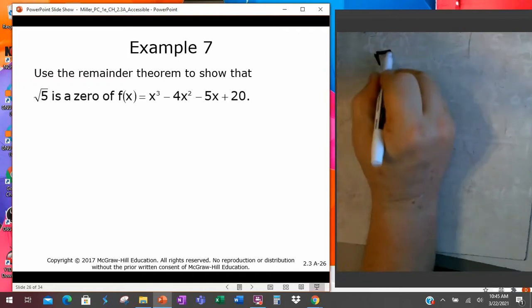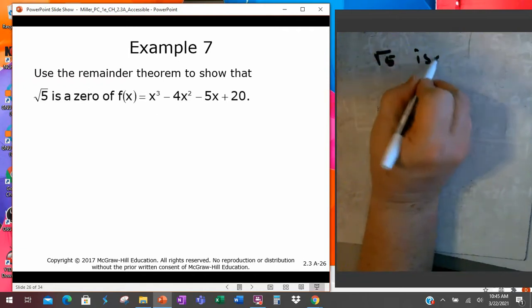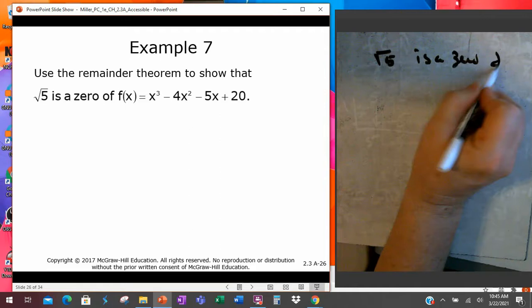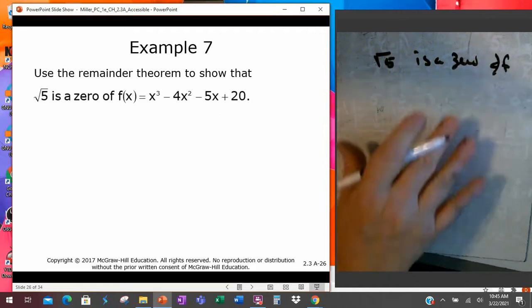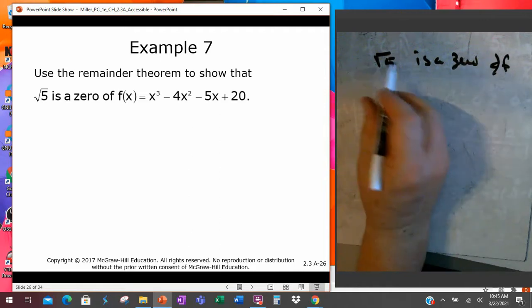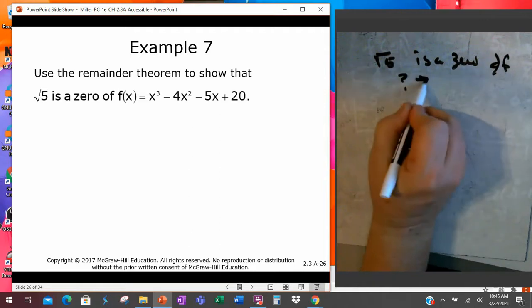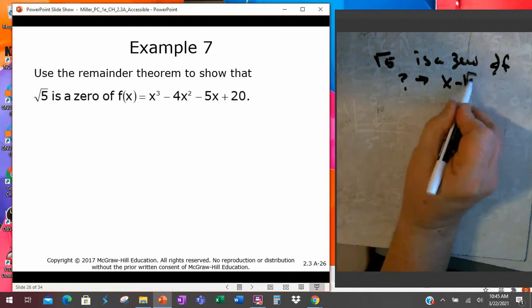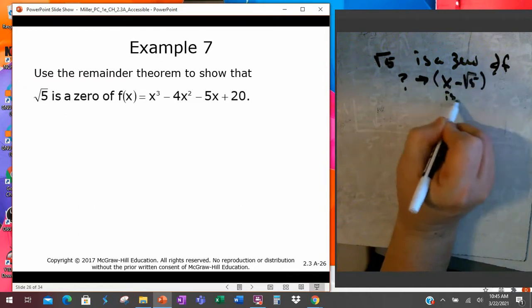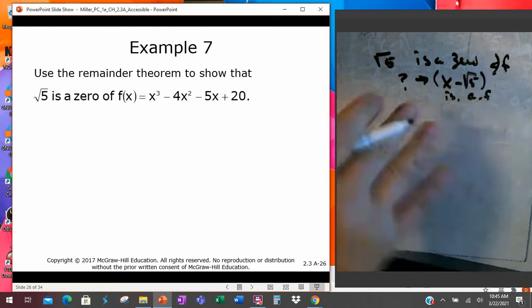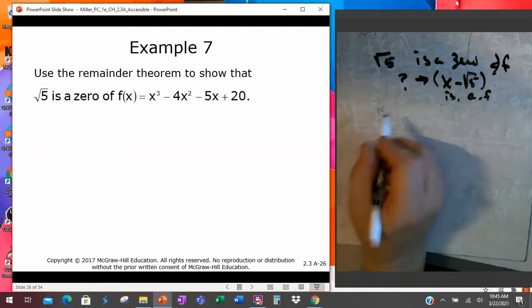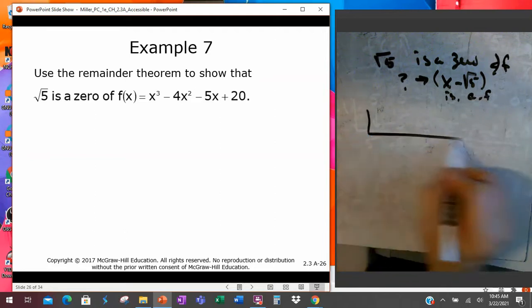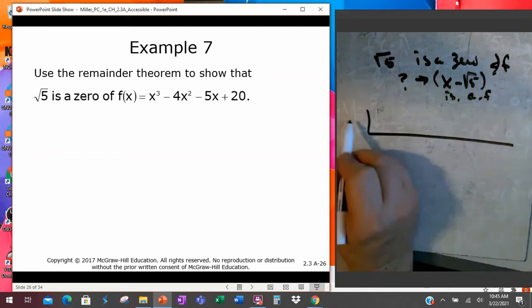Show that this is a 0 of f. Okay, so what I want to do, if this is a 0, then x minus the square root is a factor. And if that's a factor, everything cancels out. So what I'm going to do is set up synthetic division, square root of 5.